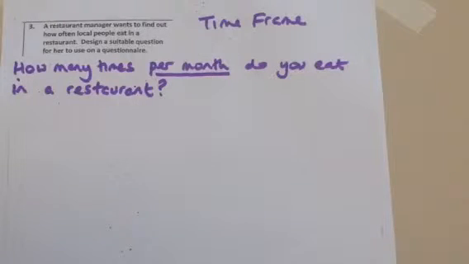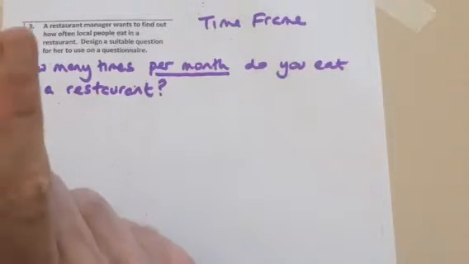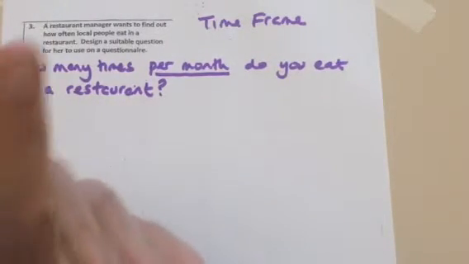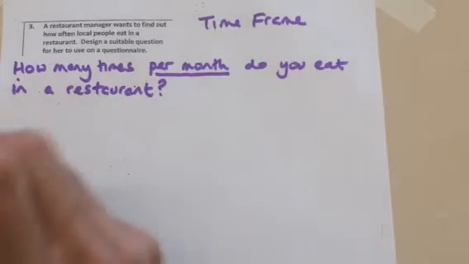Okay, so now we need to provide boxes for answers. Okay, and now the key idea here is that there is an answer for everybody and only one answer for everybody. Okay, so there are some people who only eat out occasionally or not at all.